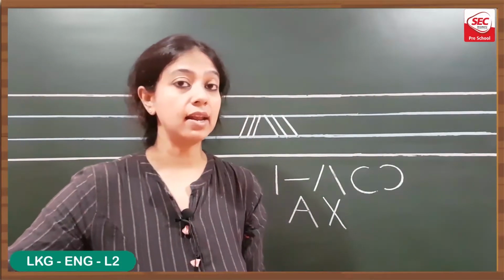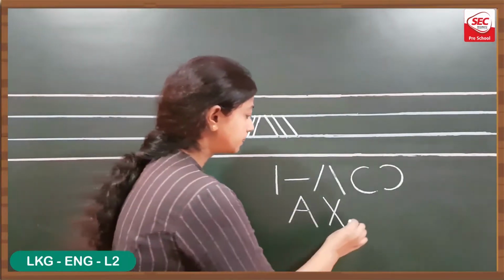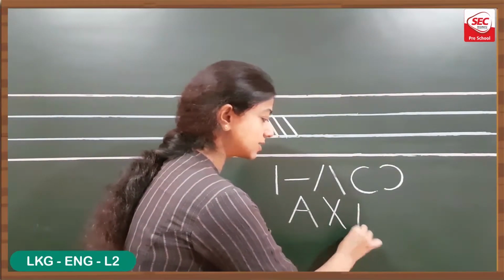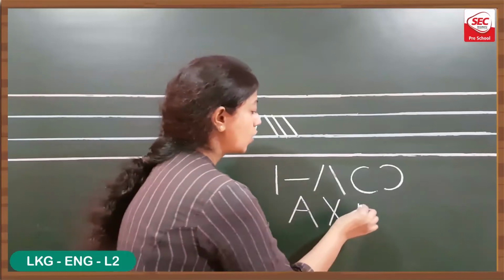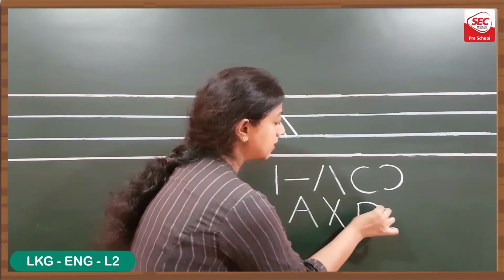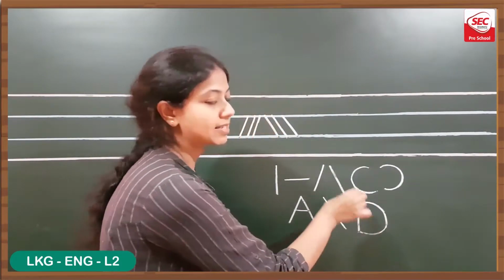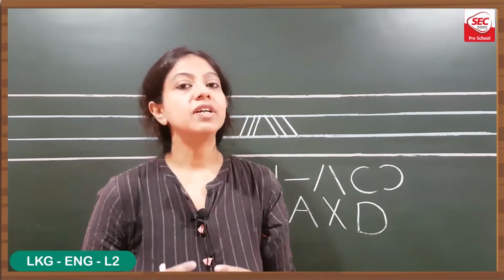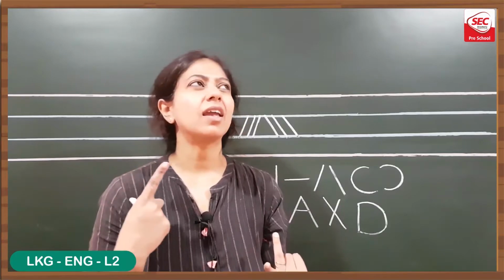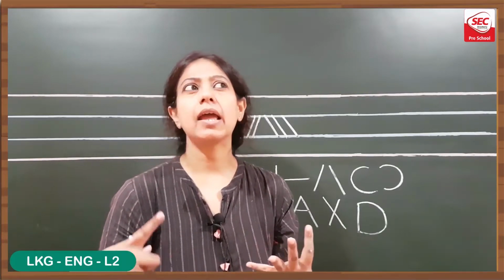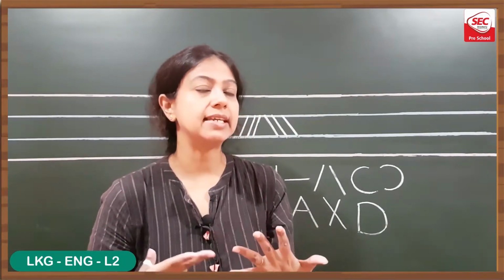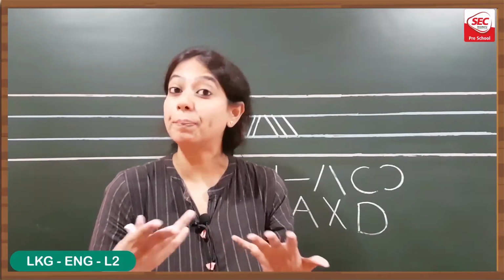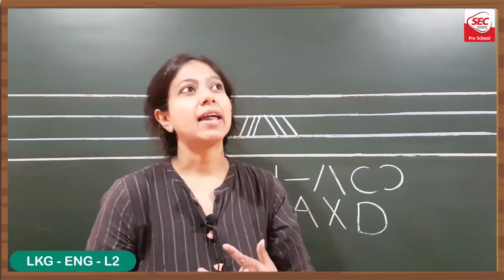And even while writing letter D, we first make a standing line and then we make a big curve like this, and that's how we write letter D. We even use curves while making letter B, then G, yes, then we use it for P, R and S.